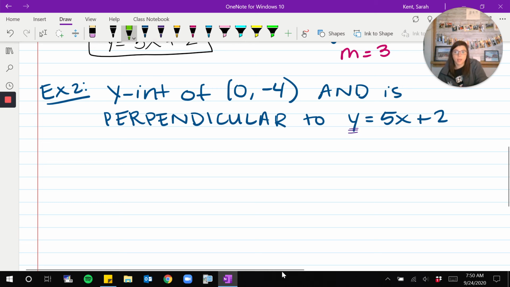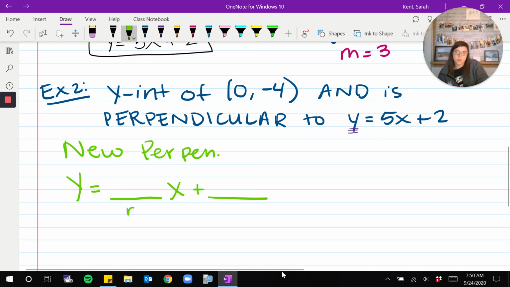For my new perpendicular line, I need again a y equals blank x plus blank. This is my slope and this is my y-intercept.